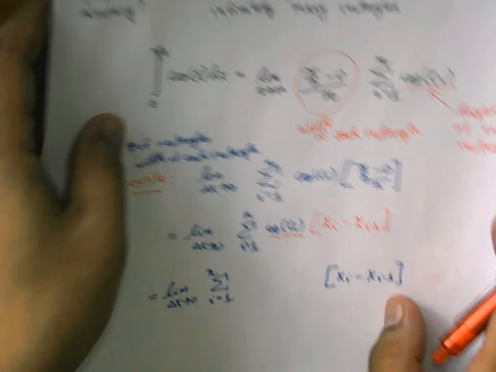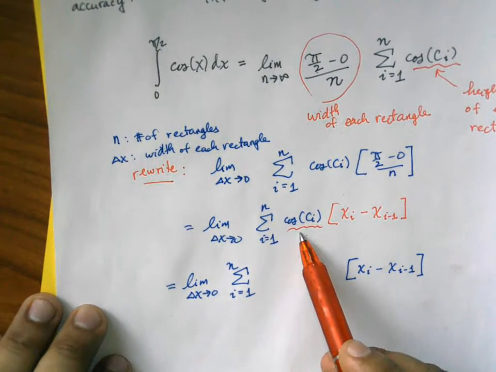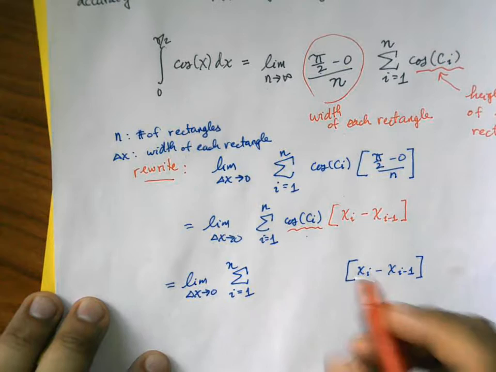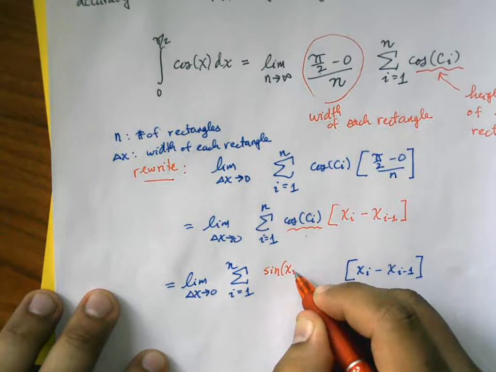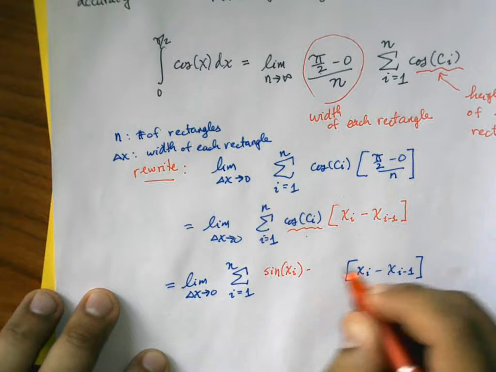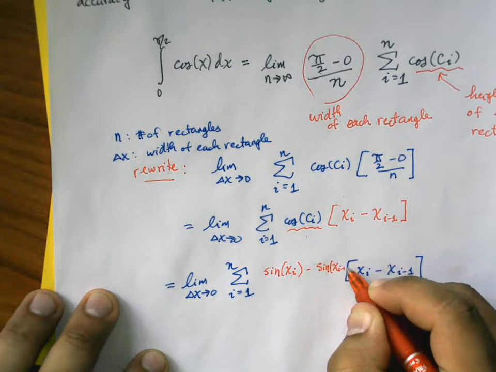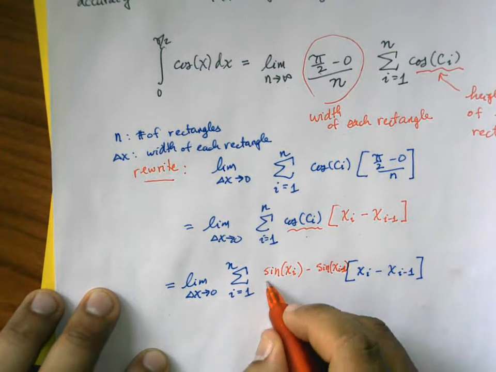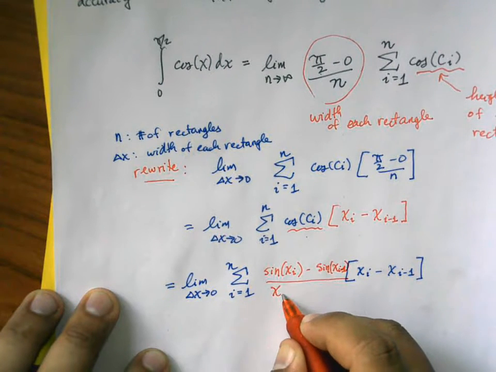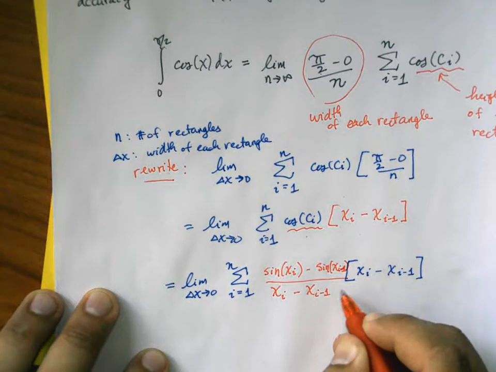So leaping forward to the general case, rather than doing cosine of c sub i, we could just as easily say sine of x sub i minus sine of x sub i minus 1, all of this over x sub i minus x sub i minus 1.